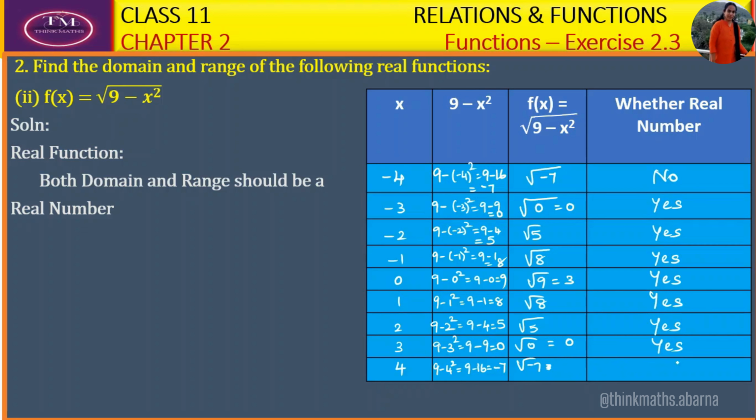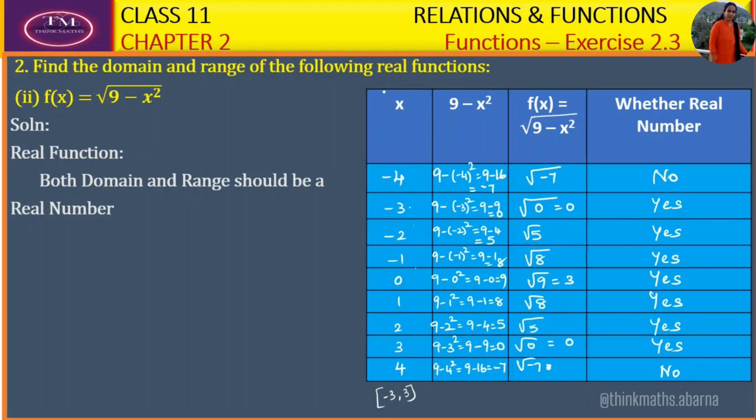Root of a negative value is not a real number. So after minus 4, that is minus 5, minus 6, all will be negative. In the same way, after positive 4, all will be negative. So x includes the numbers from minus 3 to plus 3. Only for these values do we get the answer yes.